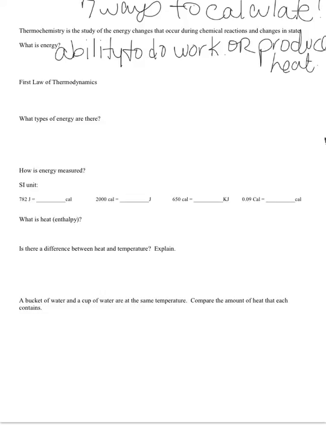Okay. And in chemistry, no matter what type of chemical reaction we're looking at, we're always going to be thinking about what ability is there for work, or is there the ability to produce heat.